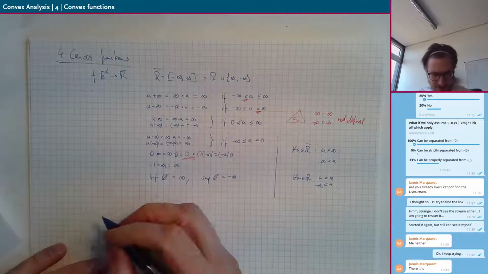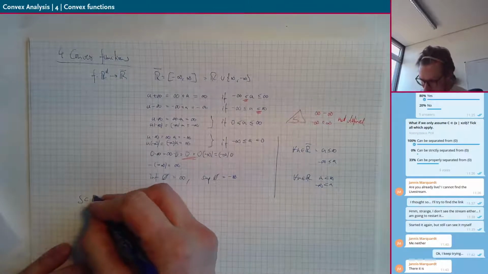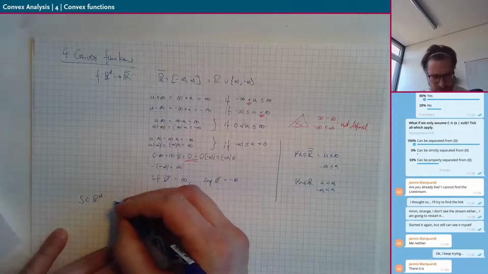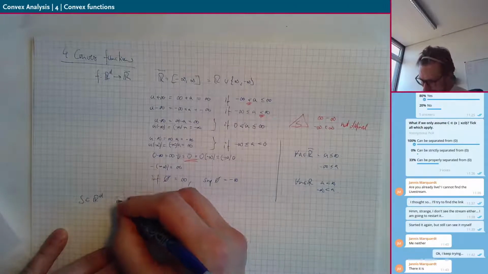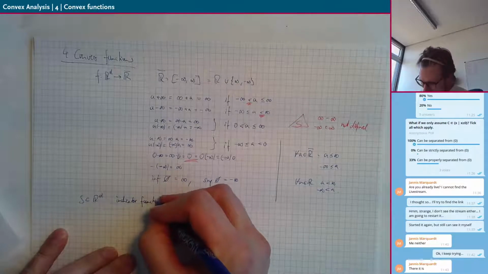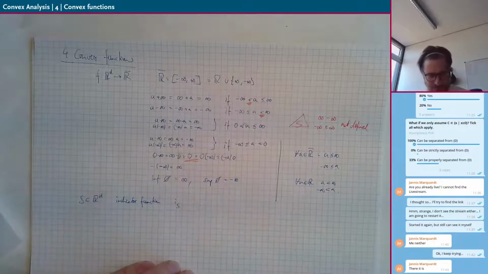Okay, a special function of this kind is the following. If S is a subset of Rd, or more generally the domain of our f, we define the so-called indicator function. I use I for indicator with the subscript S for the set.